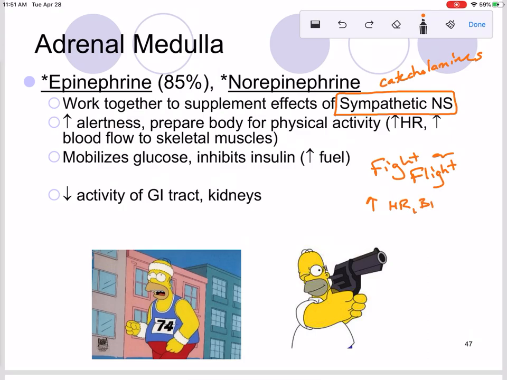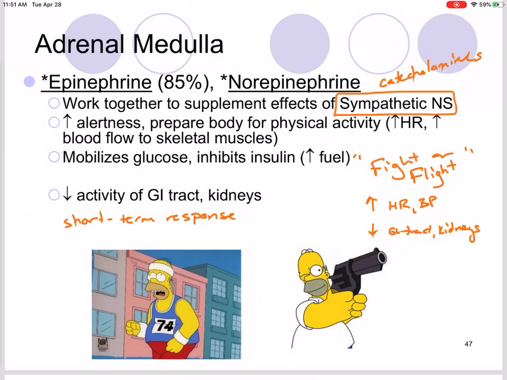Fight or flight. We know what this does. Increases heart rate, blood pressure, but decreases activity to the GI tract and the kidneys.